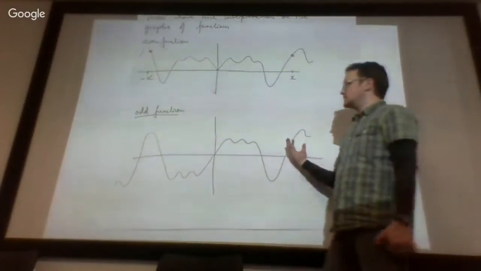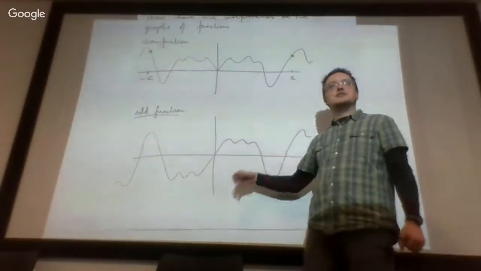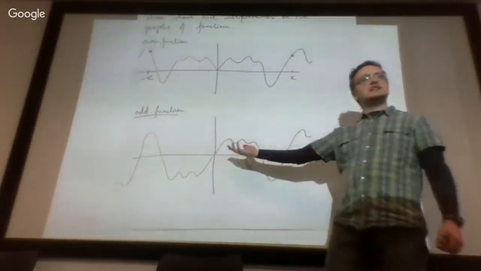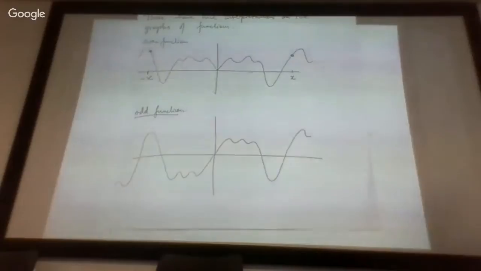So this time it's still symmetric, but not under simple reflection in the y-axis. You have to reflect it in the y-axis and the x-axis. When you take this graph and reflect it in both axes, one after the other, then it's a mirror image. Then it's symmetrical under the composition of those two reflections. Okay.